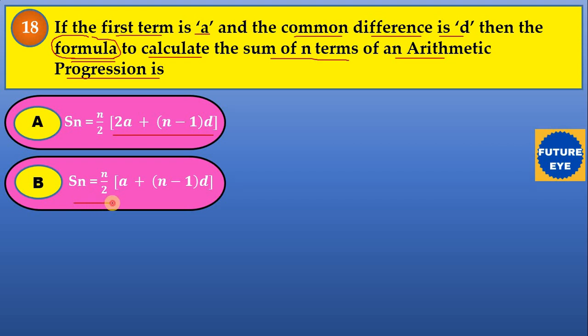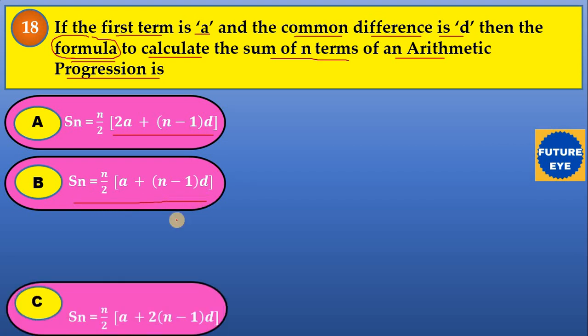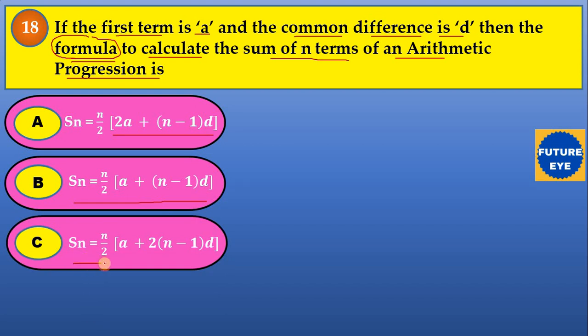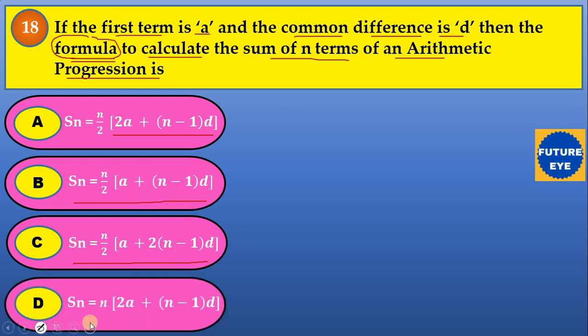Option B: Sn is equal to n by 2 into a plus n minus 1 into d. Option C: Sn is equal to n by 2 into a plus 2 into n minus 1 into d. Option D: Sn is equal to n into 2a plus n minus 1 into d.